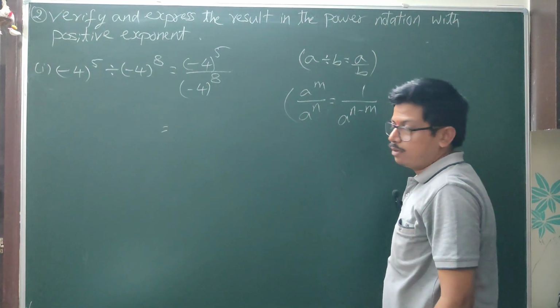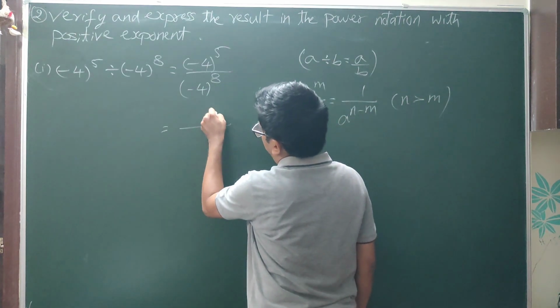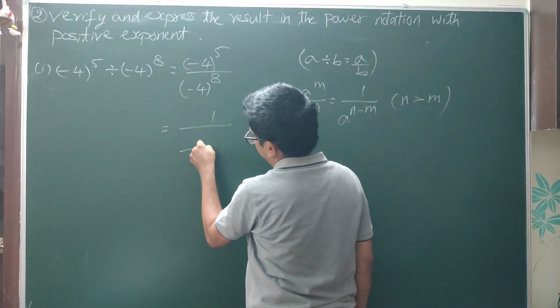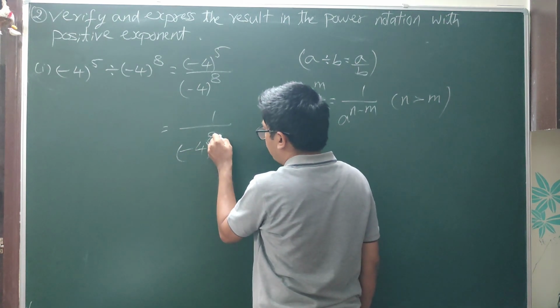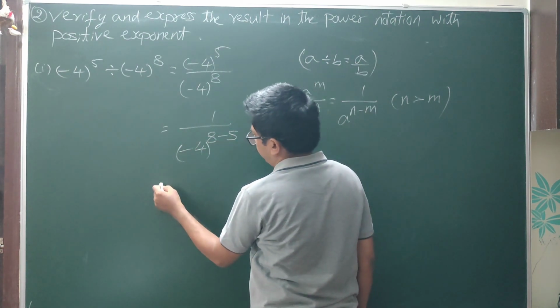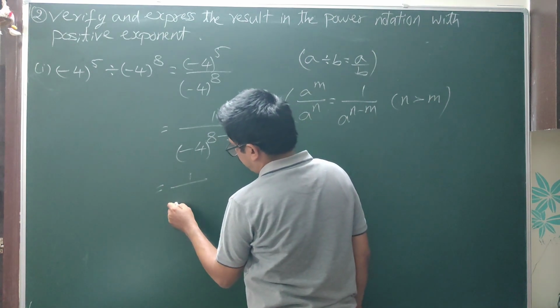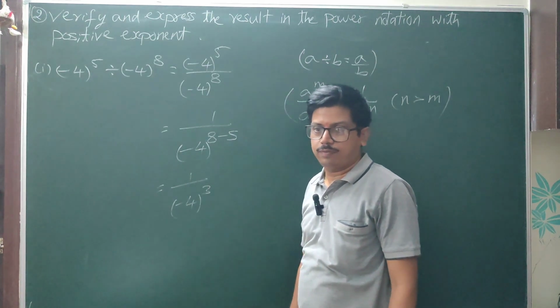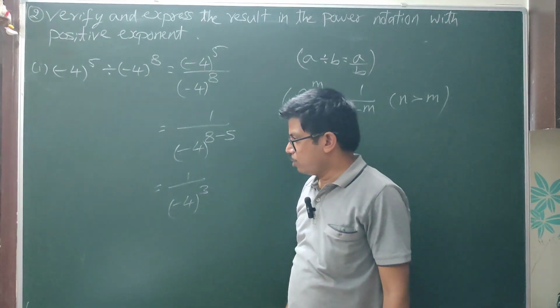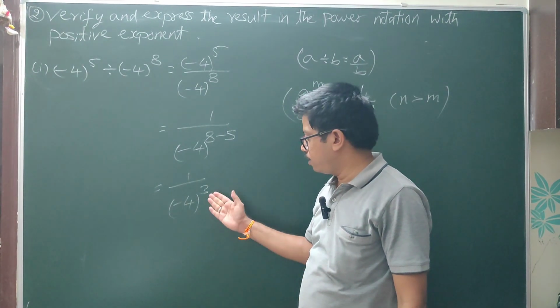This is the formula. So equal to 1 by minus 4 whole power 8 minus 5. This is equal to 1 by minus 4 whole cube. Up to here is enough. So the power term is in positive form.